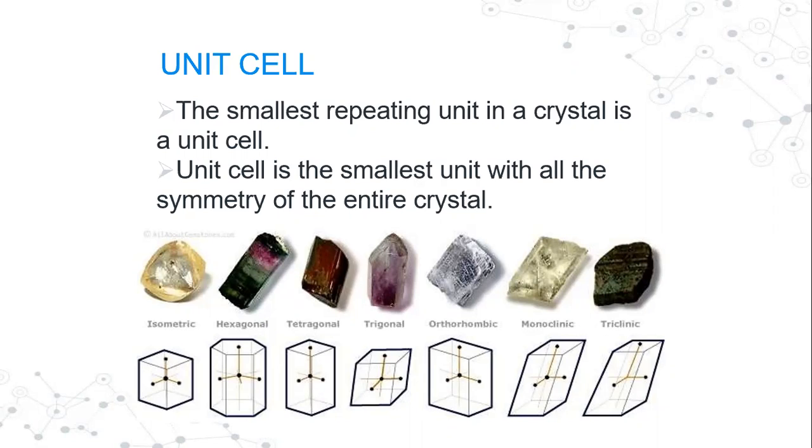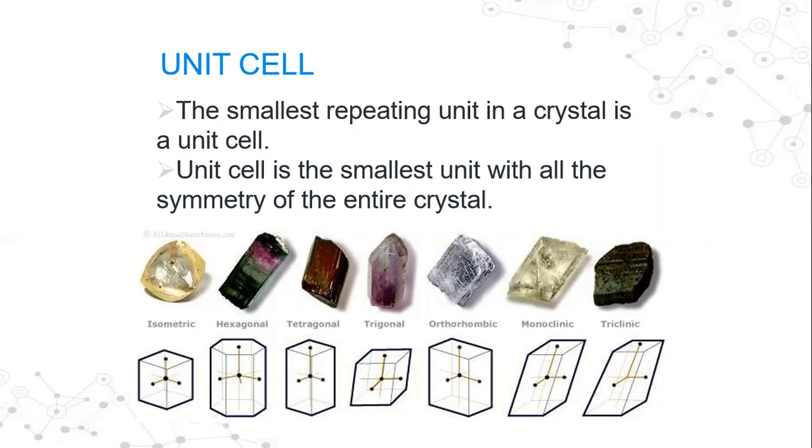That's why here also the smallest repeating unit in a crystal is called a unit cell, the short form of the unit cell structure. And this unit cell is the smallest unit with all the symmetry of the entire crystal.